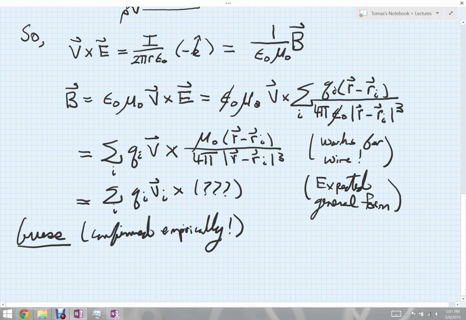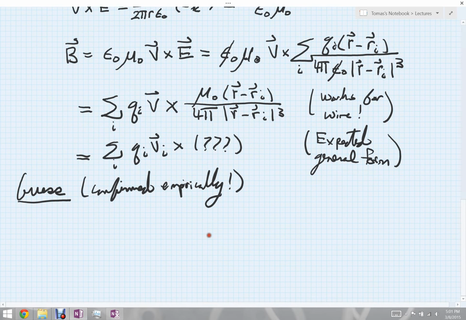So this is actually true, is that the magnetic field can indeed, at any location R, be computed by summing over the product of the charges, this QI VI, crossed, and notice now I'm using the velocity of each individual particle.